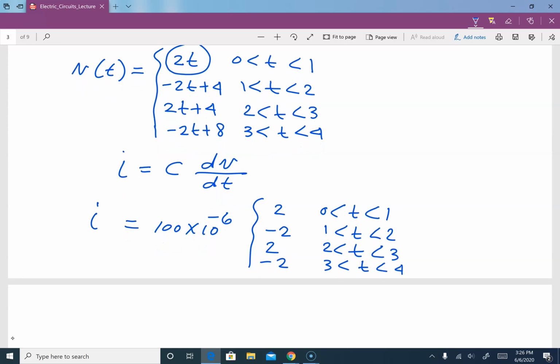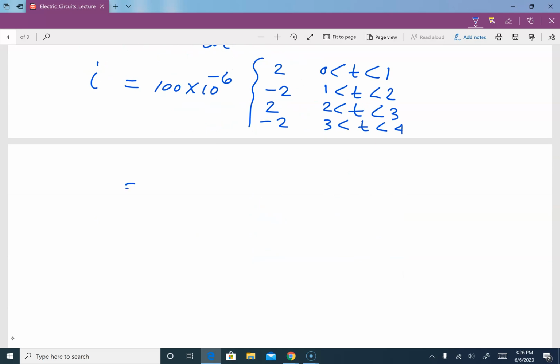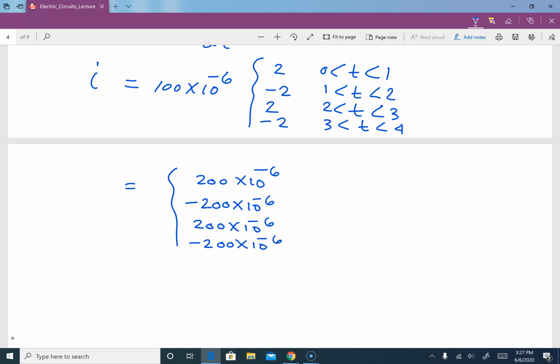So this is our current, which means that it is equal to 200 times 10 to negative 6, negative 200 times 10 to negative 6, 200 times 10 to negative 6, and negative 200 times 10 to negative 6. This is for t greater than 0 and less than 1, between 1 and 2, between 2 and 3, and between 3 and 4.